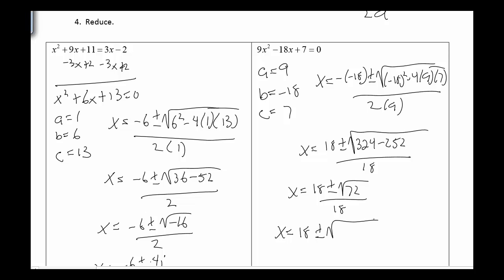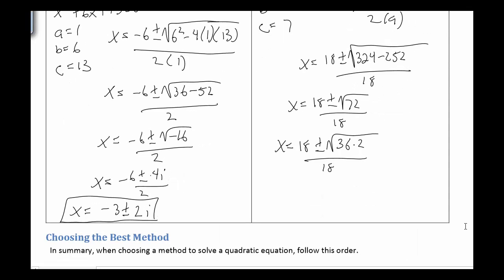Let's see, 9 does, and 4, oh, 36. Okay, so we're going to split that up into 36 times 2. Okay, so I can bring a 6 outside of the square root. That square root of 2 stays behind.